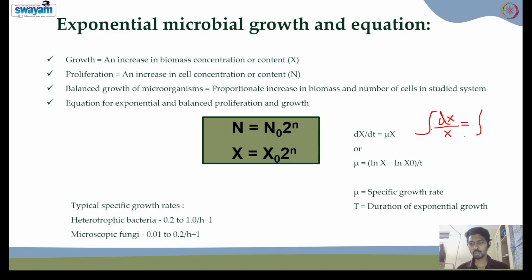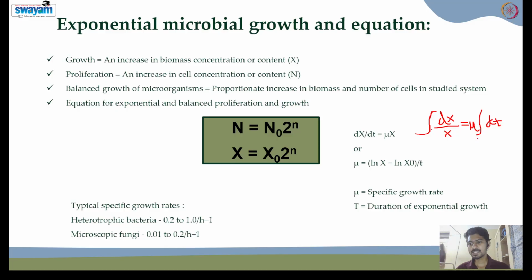Here you have mu, right? So we will be taking mu outside because it is a constant, and we put dt. Okay, so how does this equation come? We are going to integrate this. We will be taking this x to this side. So dx by x equal to mu dt.